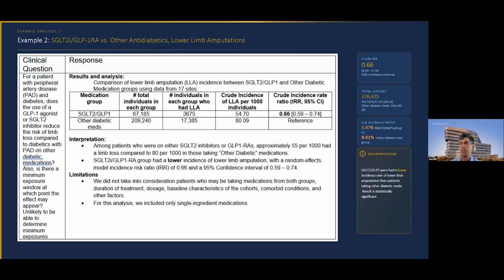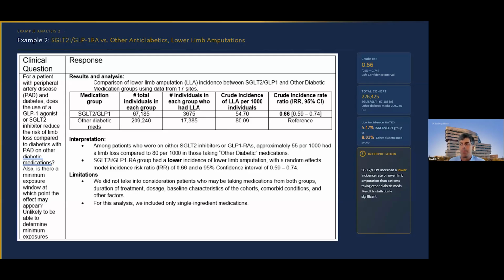The crude incidence per 1,000 individuals was 54 and 80. And the crude incidence rate ratio showed that patients on SGLT2s or GLP-1s had a lower incidence of lower limb amputation. Again, we showed the interpretation of what that means.